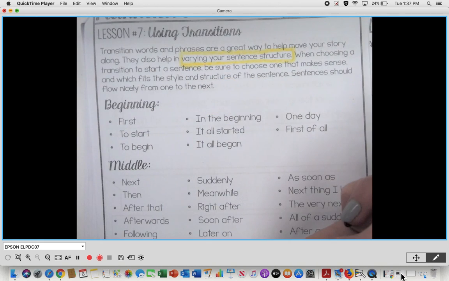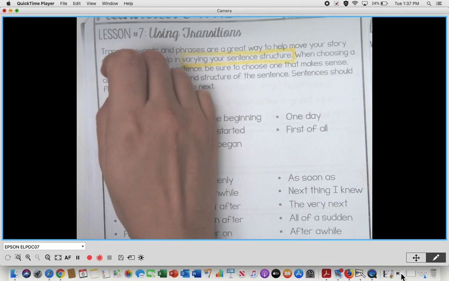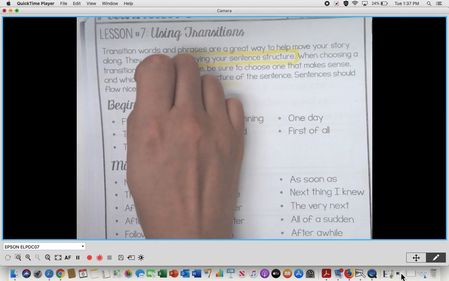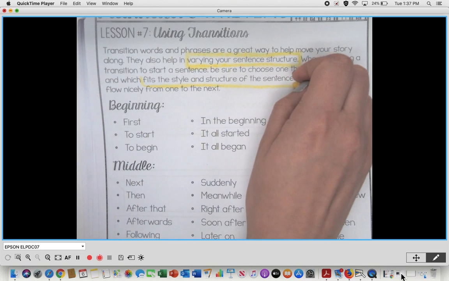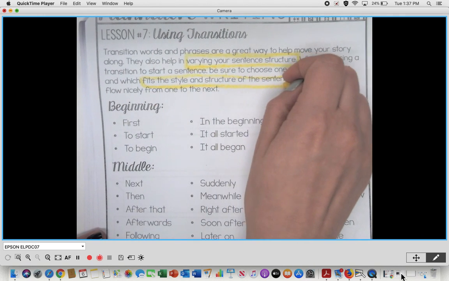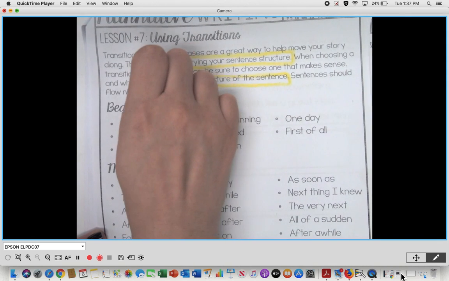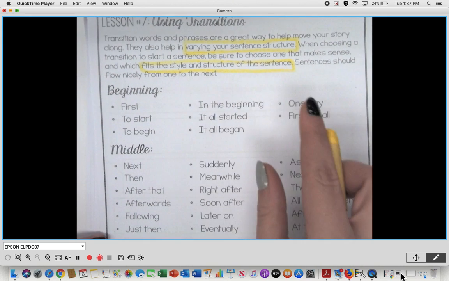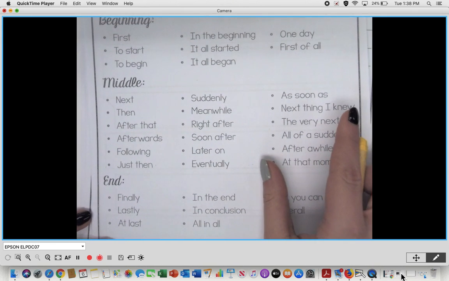And then I also want to highlight where it says fits the style and structure of the sentence. So it is telling us that we need to pick our transition words pretty carefully so that way we are making sense.